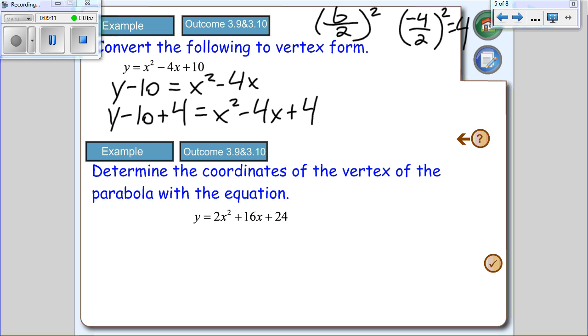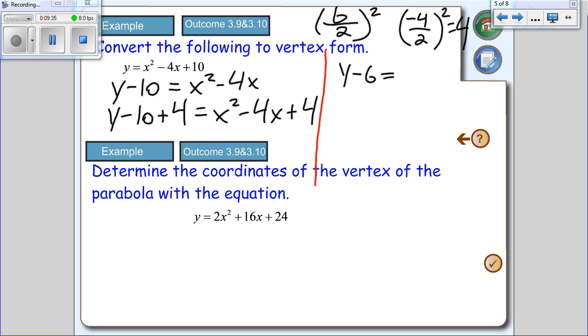That means we've created a perfect square trinomial. I'm just going to draw a line down here so we mix things up. The side on the left simplifies to y minus 6. It's negative 10 plus 4, which is negative 6. The side on the right is now a perfect square trinomial.